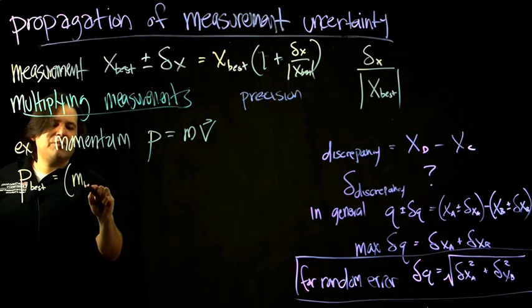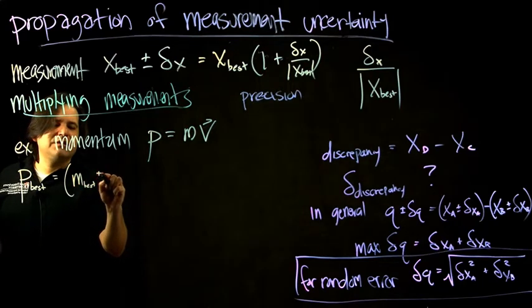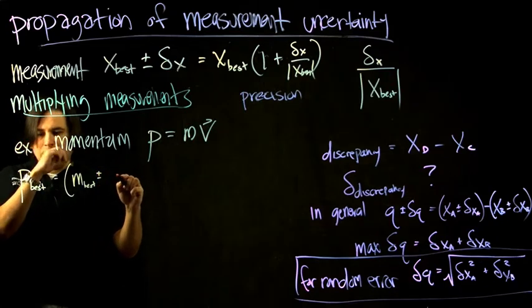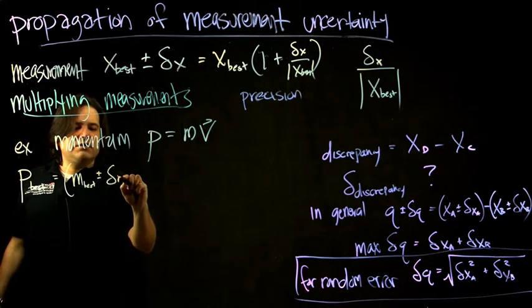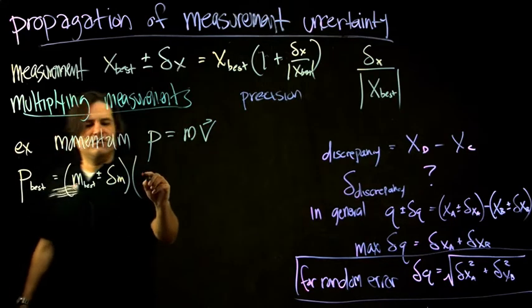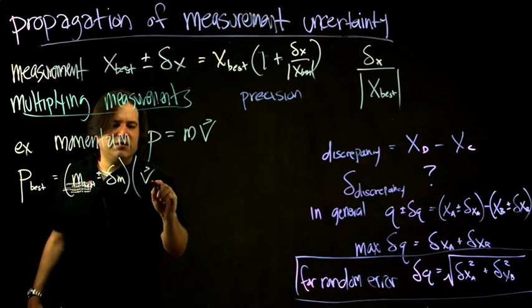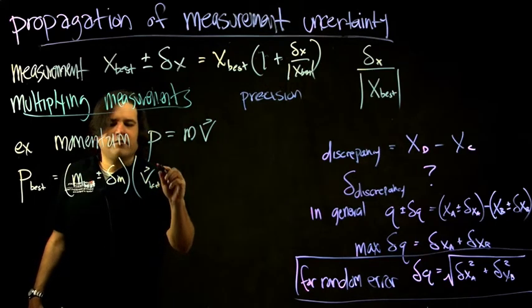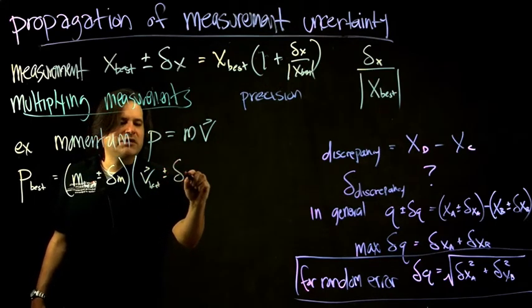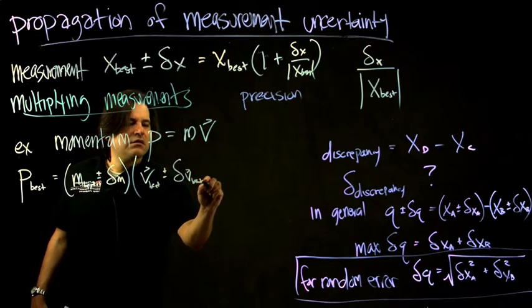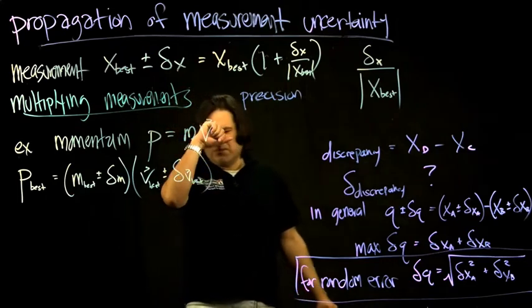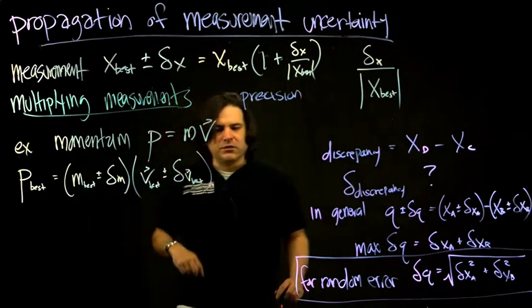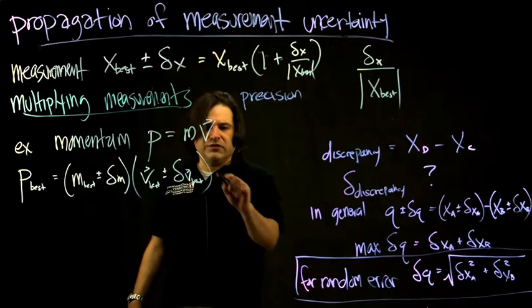You have a best estimate of the mass, and to do this properly in an experiment, you have to report your measurement uncertainty of the mass, and same thing with the velocity. You have this best measurement of the velocity, and it comes with this measurement uncertainty. I should have written it in this form, but I guess this is a good reminder. So I'll write this over here.